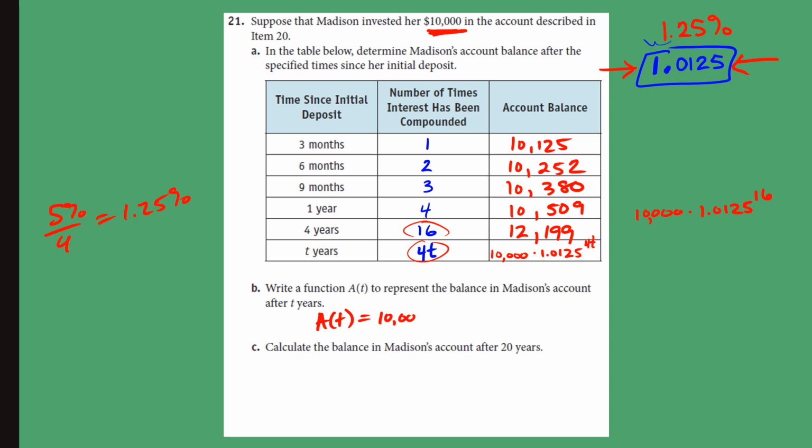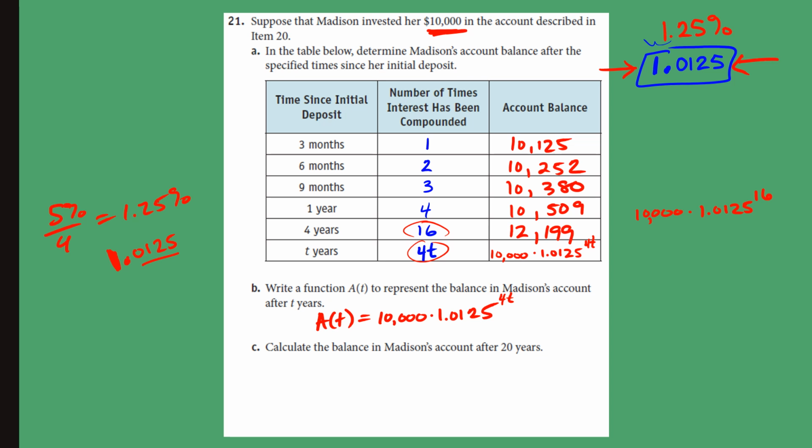So that means our initial amount, our principal, times a quarterly growth rate of 1.0125, because remember, this would be 0.0125, and then we also have to add that to the one before it, so the one whole. So this is basically 100% is the whole one, so that's the amount you had, and then 1.25%. So 1.0125 growth factor to the power of 4t, because for any given number of t years, it's going to compound quarterly or 4 times a year.